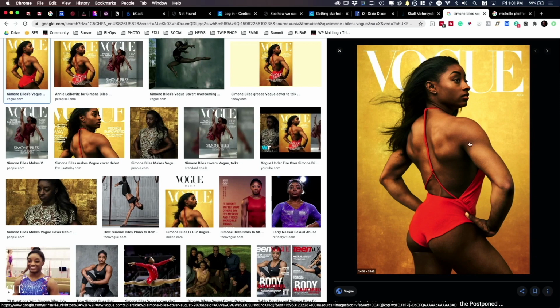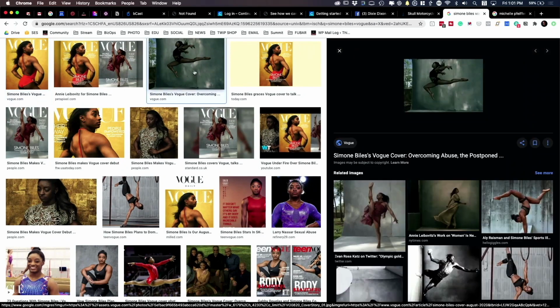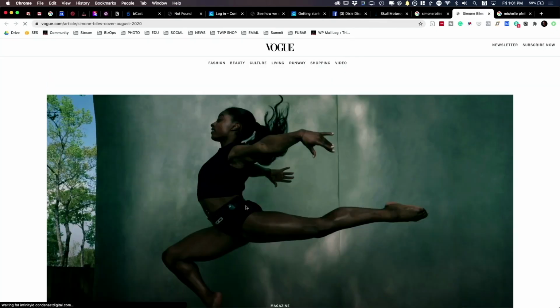Yeah, I think the one that bothers me the most is the one where she's flying through the air in a dancer's pose. It just looks super dark. And again, that's like, yes, Chris, white man, she is a black woman in front of a gray wall. I don't think so. I think this one is clearly somebody made decisions on what they were going to do with this shot.